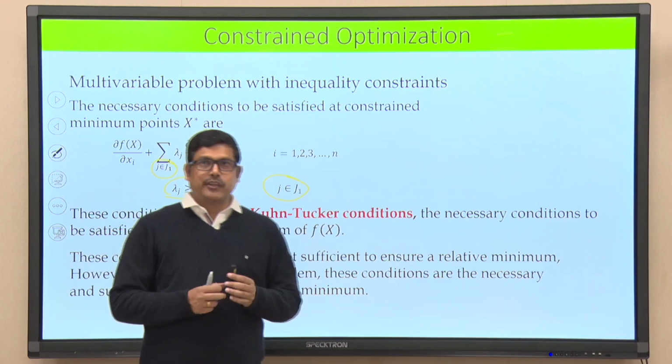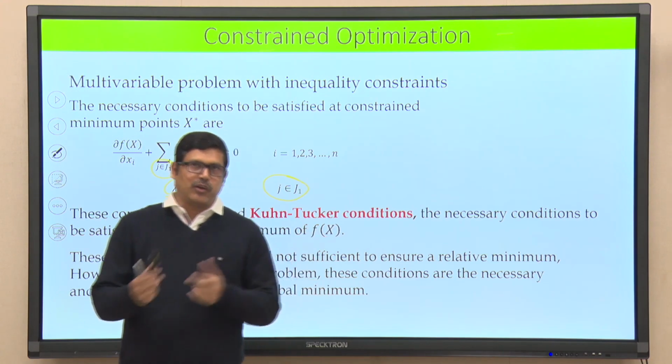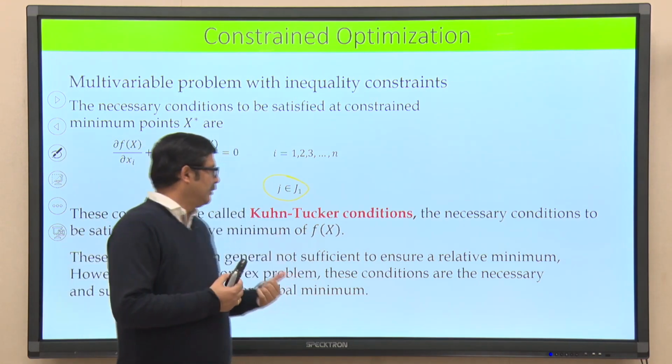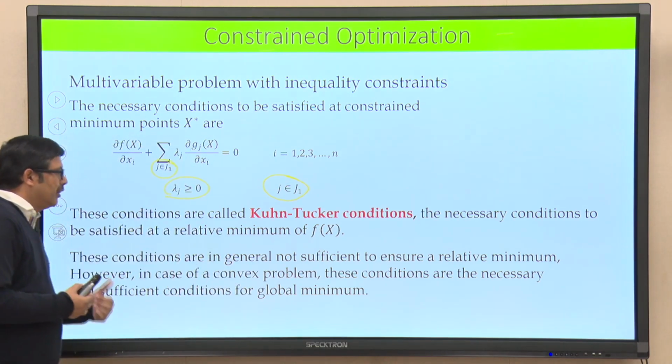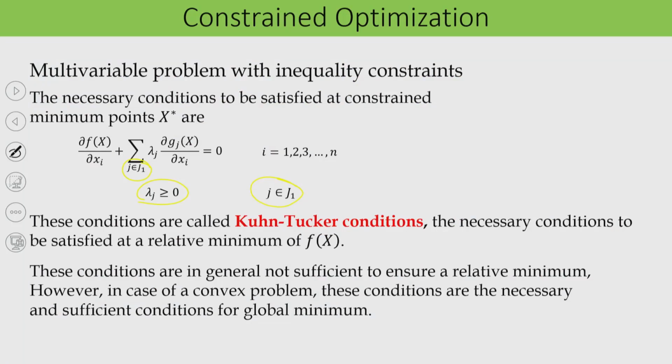So, we can check whether our problem is a convex or non-convex problem. In case of a convex problem, if the Kuhn-Tucker conditions are satisfied, then I can say that whatever solution you are getting will be a global minimum.